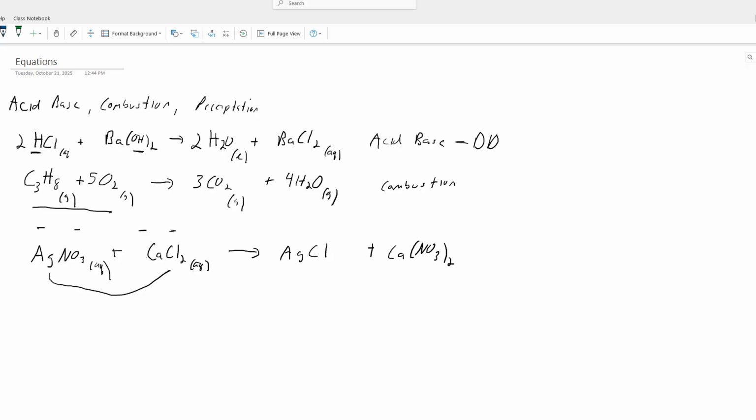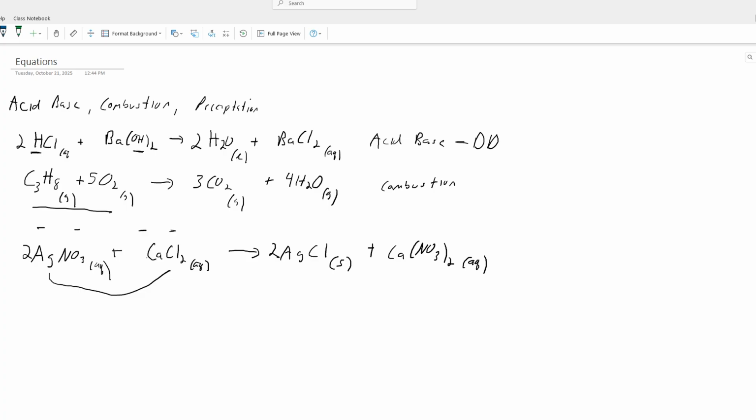I don't expect you to know the precipitation table, but you better know how to use it. You also better balance this. If I put a 2 right there and a 2 right there, that should get me balanced. If I look up that solubility table, which I will provide on the test, you will find that this is going to form a precipitate. It is not soluble. And you will also look up the calcium nitrate and find that it is soluble, so this will form an aqueous solution. If it is soluble, these ions fall apart. We call that aqueous.